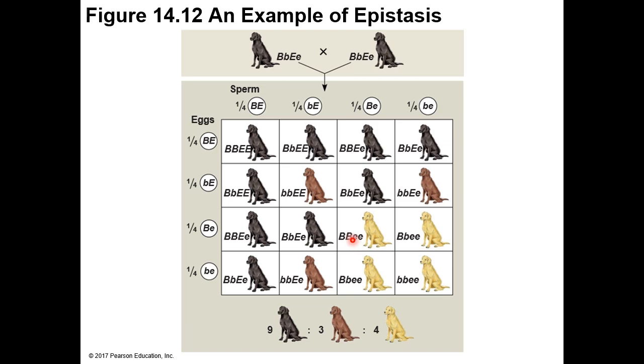So it does not matter whether you have a dominant allele for gene B or a recessive allele for gene B. They are all going to be the same color because gene E is going to influence the phenotype or the expression of gene B because of epistasis.